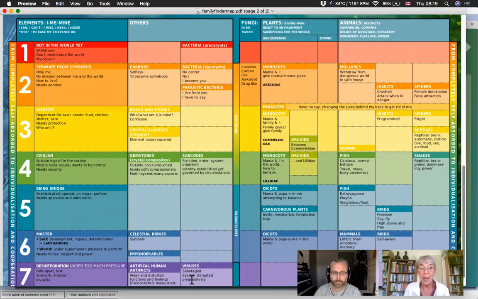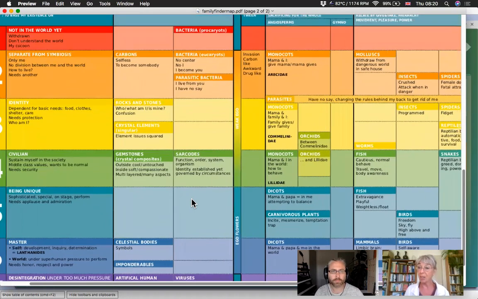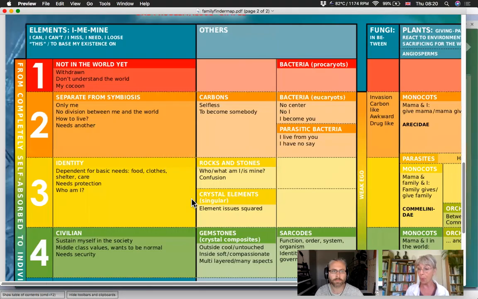identity makeup, where in the 2D, the identity is so weak and undeveloped and immature and dependent on the other in order to even exist, because that's the row 2. You're still in a symbiotic relationship and a very dependent relationship, while viruses are so self-aware.